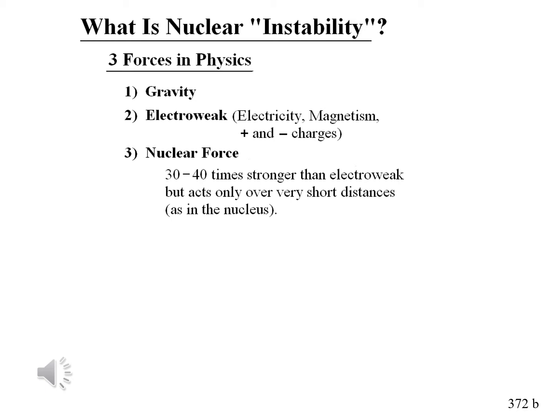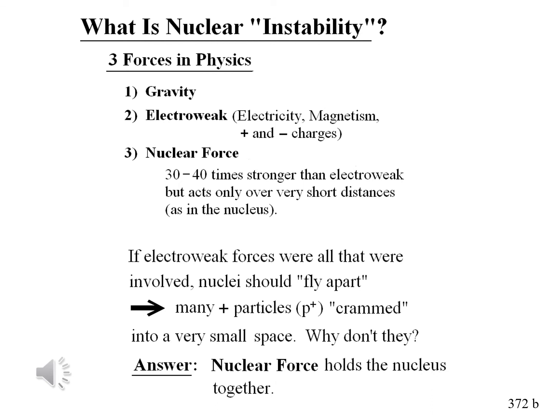There is a third one that's called the nuclear force, and this was discovered by Einstein through relativity by the math first, and then they verified it by experiments over and over after the math was done. The thing is that this is a force that only acts over very short distances in the nucleus, but it is much stronger than the electroweak force.